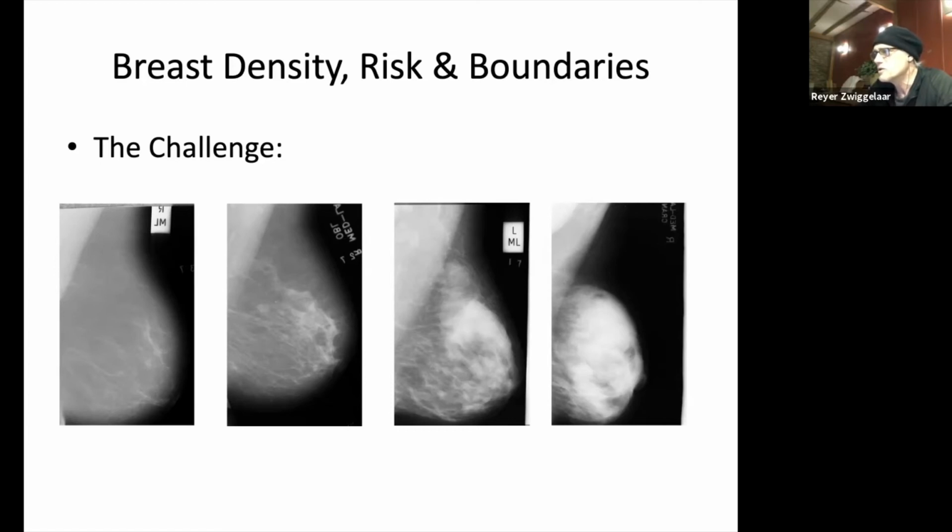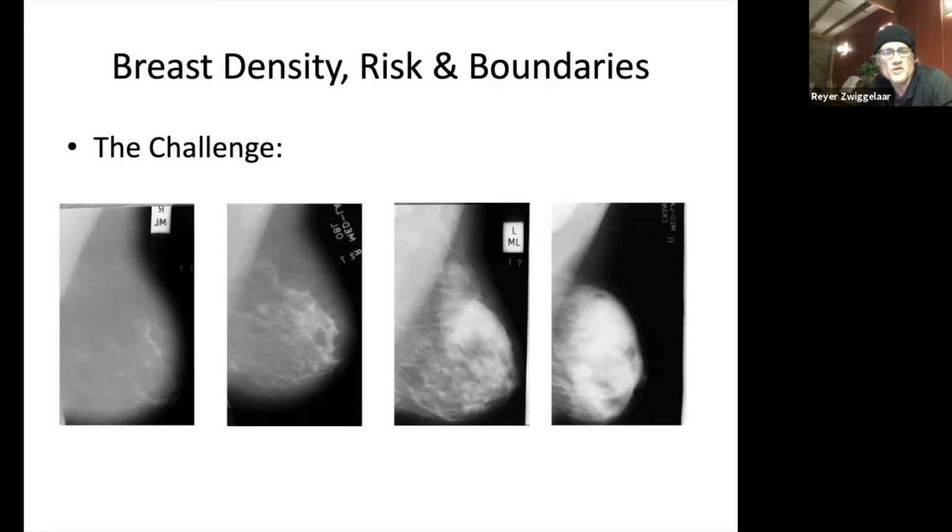We want to classify images into different categories, and that can be used to indicate what kind of further processing is needed, because you might have a lesion detection approach that is dependent on the density of the breast, and you might have, in this case, 4 different models. So if you find one that is less dense, then you apply one model. If you find an image that is really dense, then you might apply a different model.